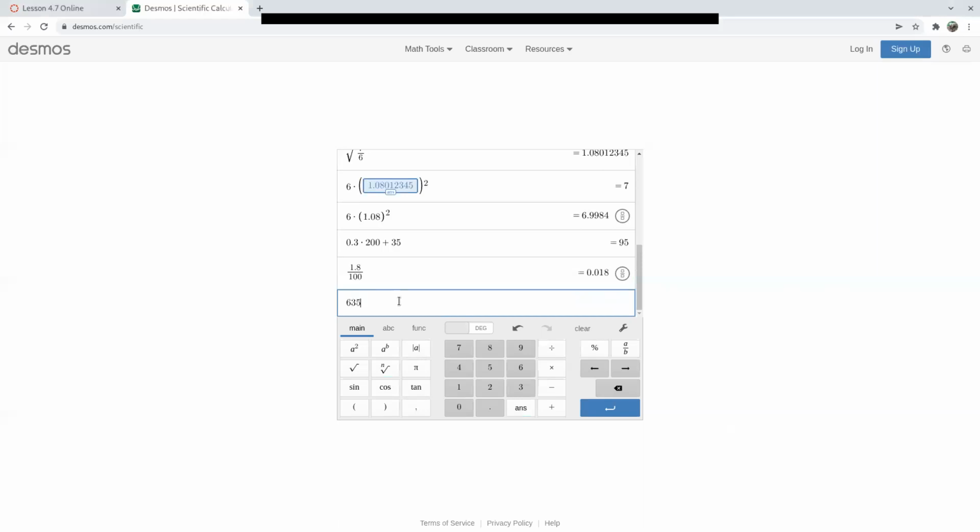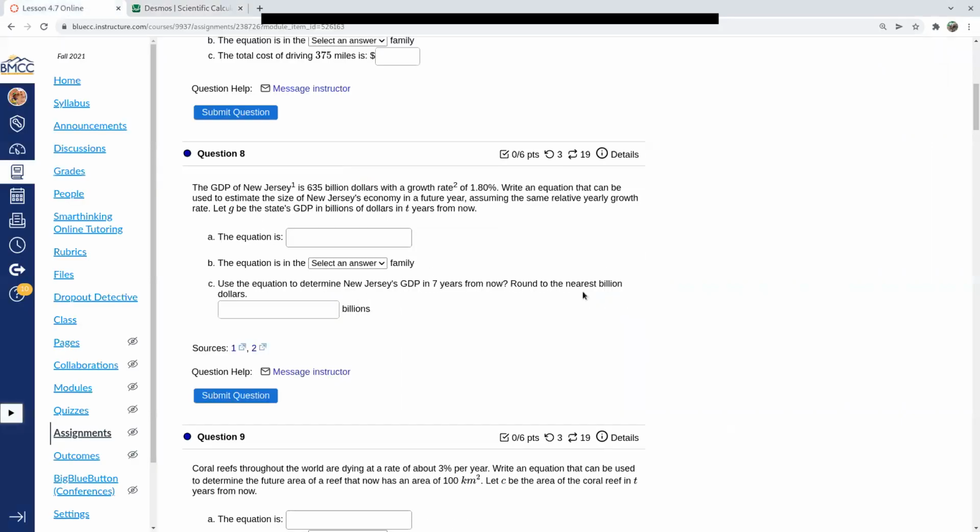You probably got a different state, but some of you may have New Jersey also. This is real data from the Treasury Department. 1.018 raised to the power 7. Mine is 719 billion, 7 years after they were worth 635, if they keep growing at 1.8%. And to the nearest billion, mine would just be 719 here.